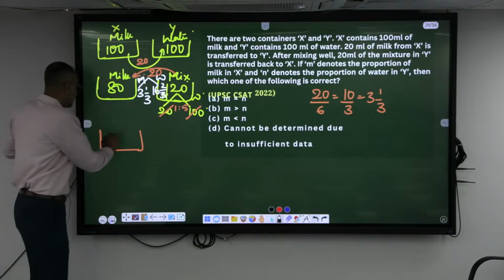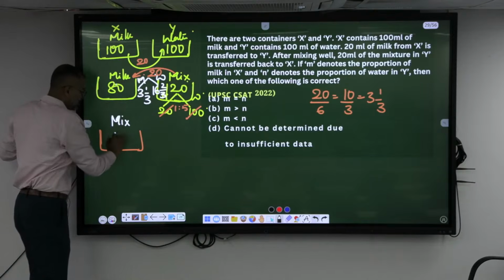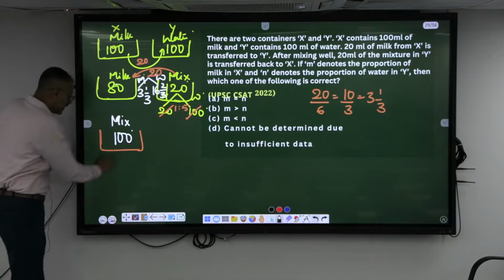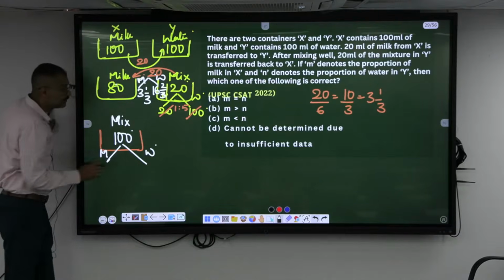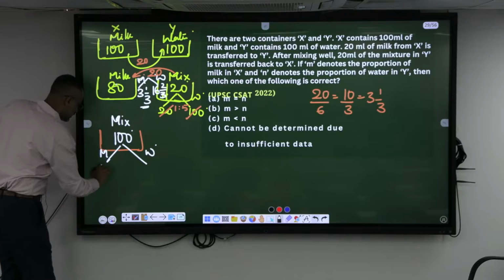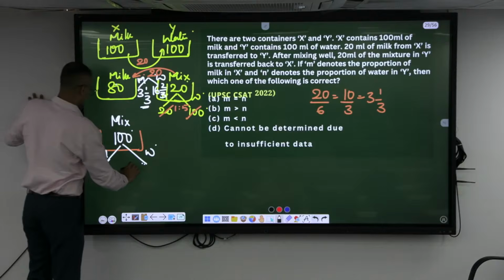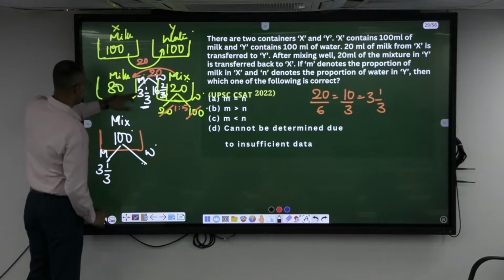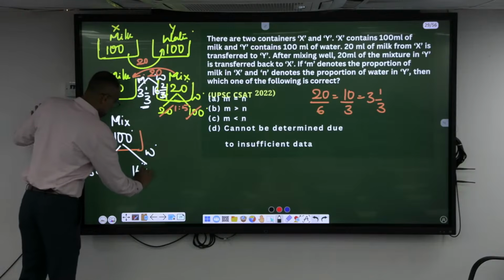Now X is 80 plus 20, which is 100. In this 100, what do we have? Milk and water. Milk is how much? 83 1/3, and water is how much? The remaining, which is 16 2/3.